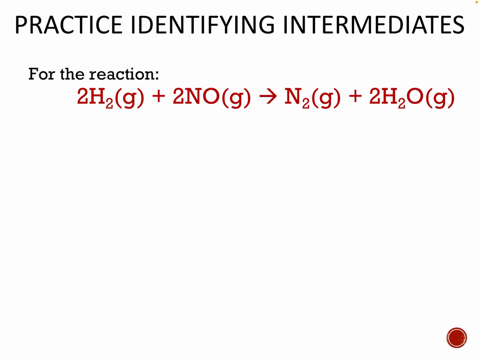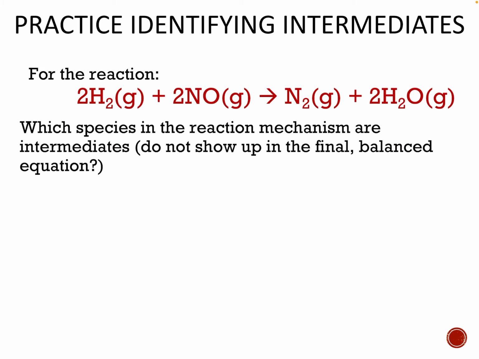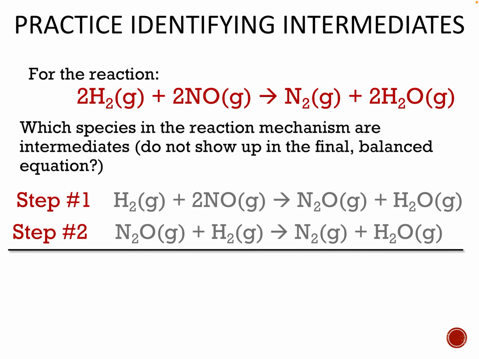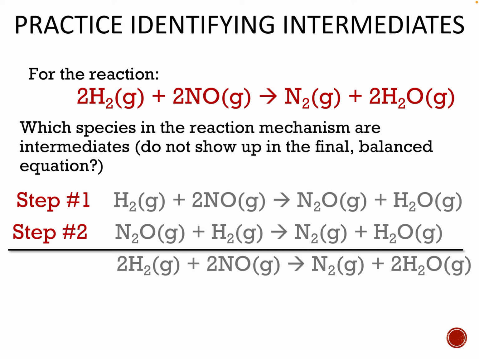Okay, so I want you to do an example and identify the intermediates in this reaction. So this is our overall reaction, right? We're having hydrogen reacting with nitrogen monoxide to produce nitrogen gas and water vapor. Here are our elementary steps. So the first step and then the second step, okay?